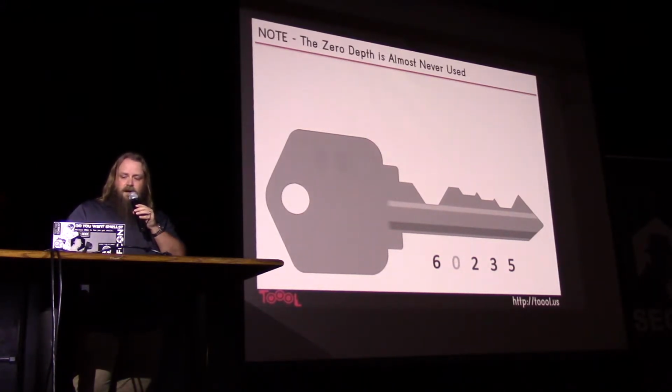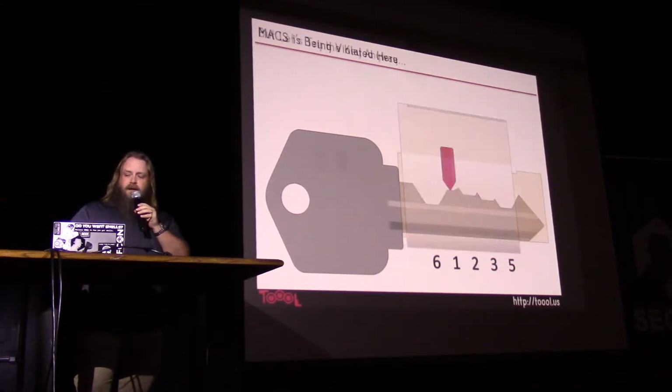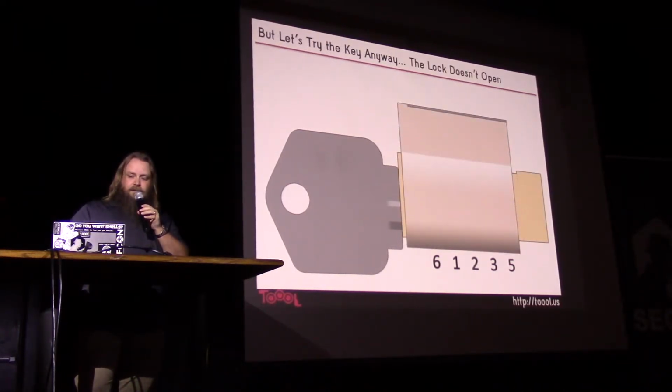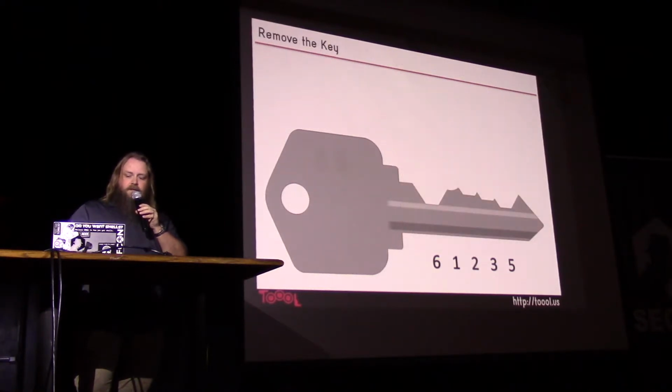Now, again, 0 depth is not valid in Quickset, so it should not be used. So we can save time by starting at position number 1. Now here we do know that max is being violated again, but we're going to try it anyway. Doesn't work. We remove the key, we file down a little bit more.